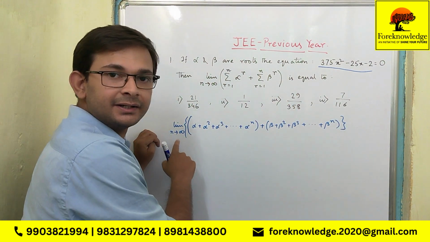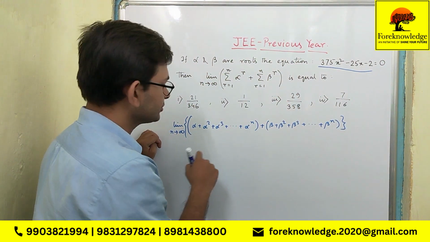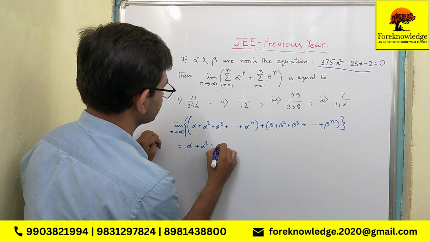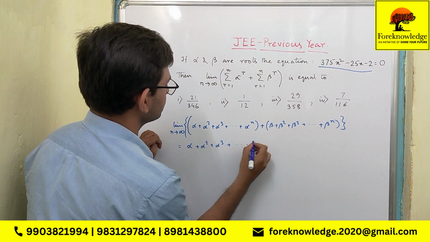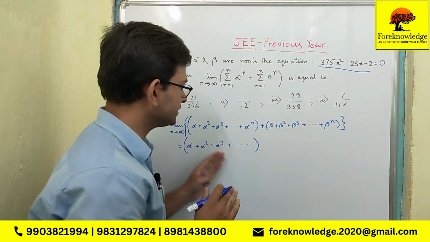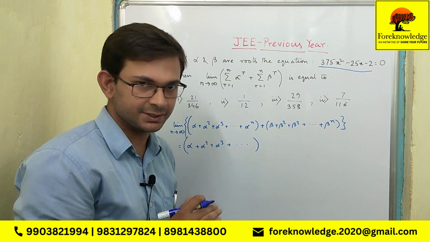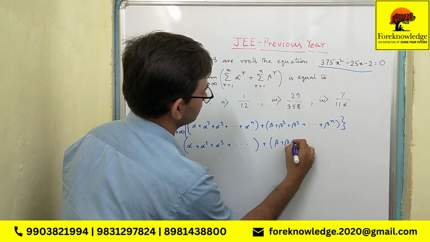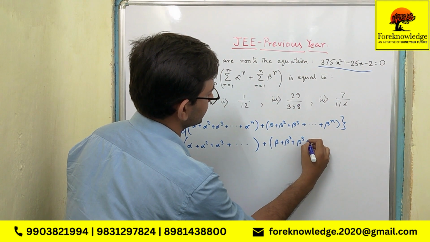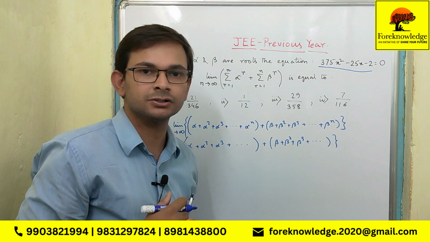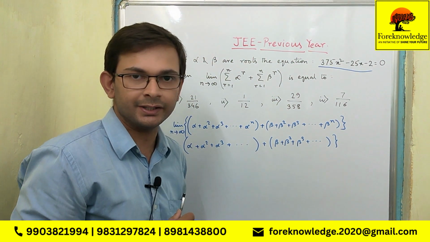As n tends to infinity, we can write this as alpha plus alpha square plus alpha cube and so on. This is never ending, that means this is an infinite series. Similarly, this is also beta plus beta square plus beta cube and so on, an infinite series as n tends to infinity.